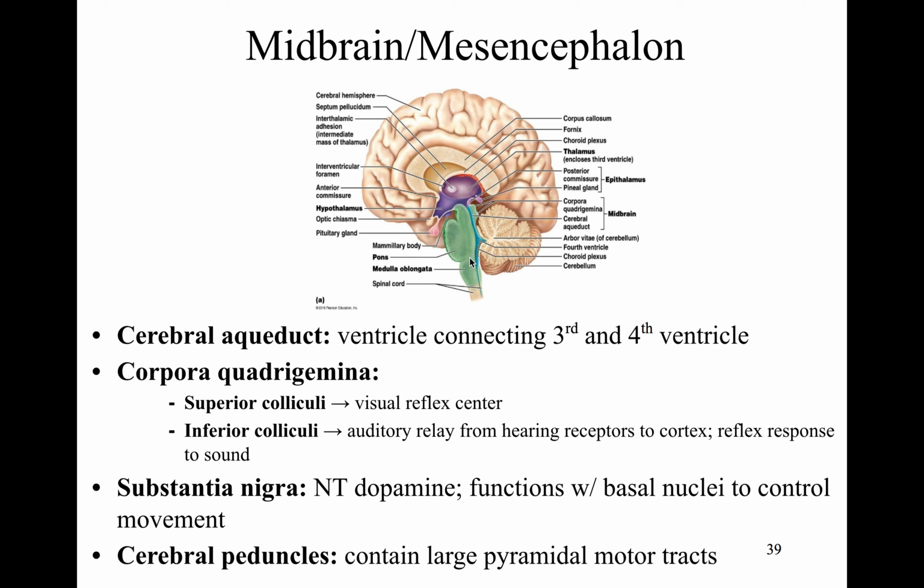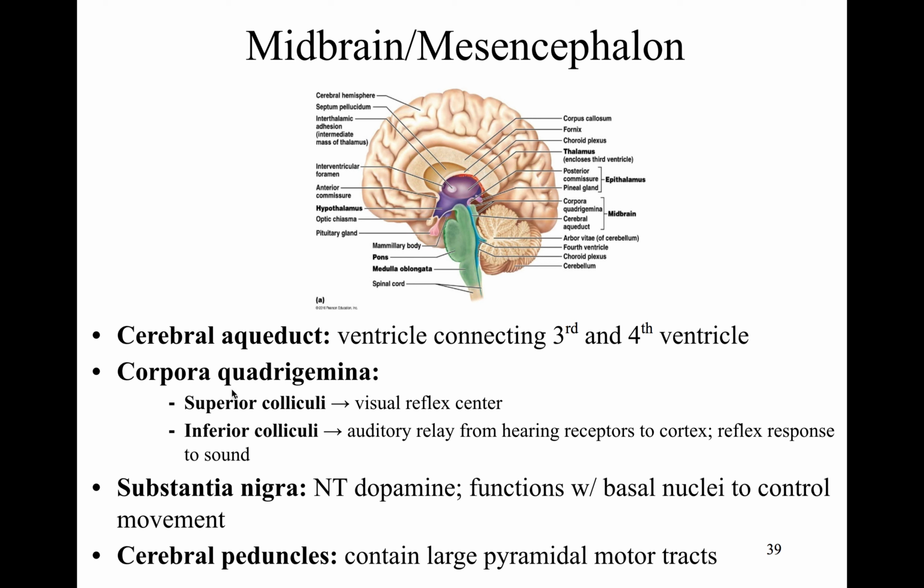The next important structure in the midbrain is going to be the largest midbrain nuclei, called the corpora quadrigemina. So the largest midbrain nuclei, or groups of neuron cell bodies, are known as the corpora quadrigemina. The corpora quadrigemina has these 4 dome-like protrusions.